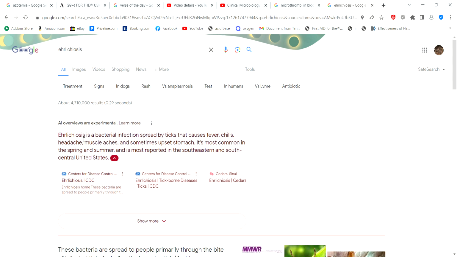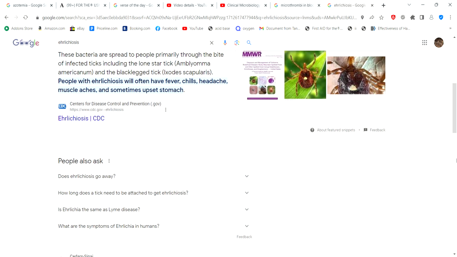Fever, chills, headache, upset stomach. Fever, chills, upset stomach. Okay, so yeah, carried by the Lone Star tick.